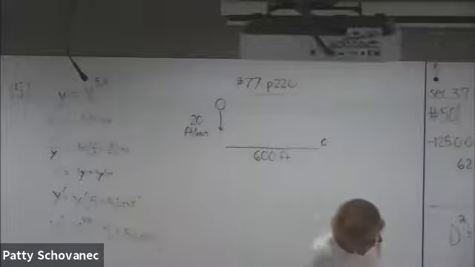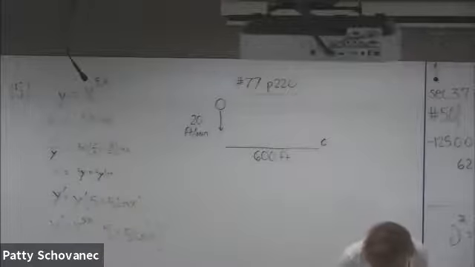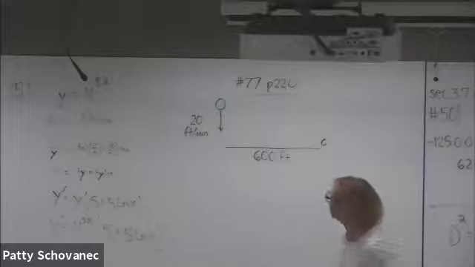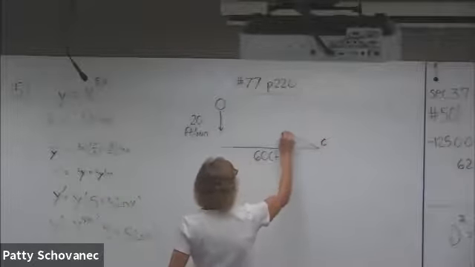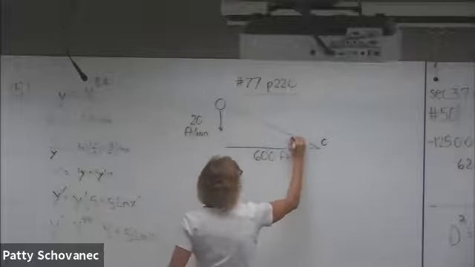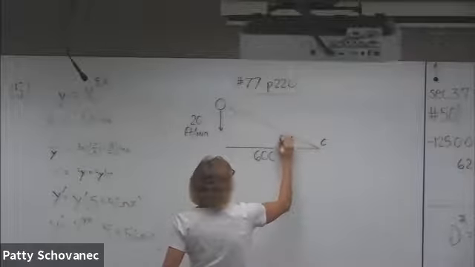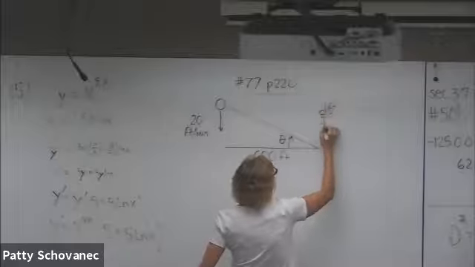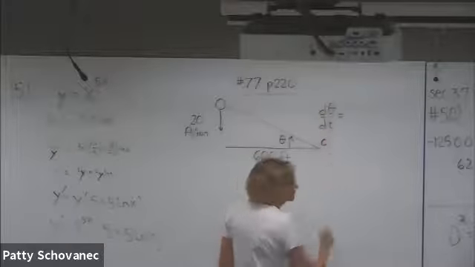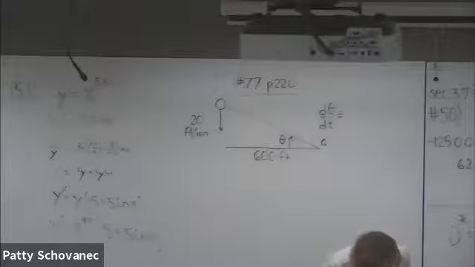So as that's coming down, the angle of elevation of the camera's line of sight is changing. So the angle of elevation goes from camera to ball right here. Let me give that a name. That angle of elevation has a rate of change, and that's what's being described next.